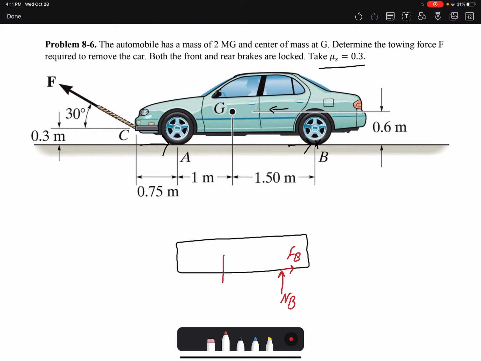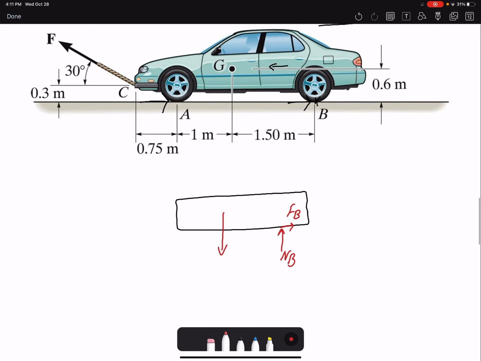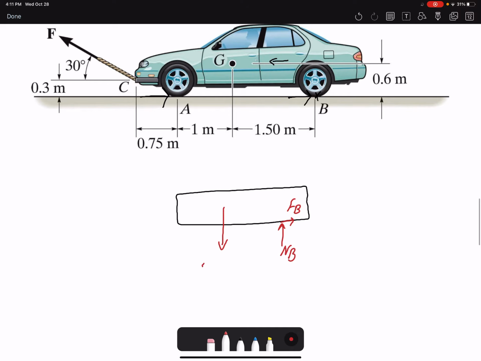Also at point G, I have the weight of the car, which is 2 megagram or 2000 kilogram. And then at A, I have NA as well as FA.